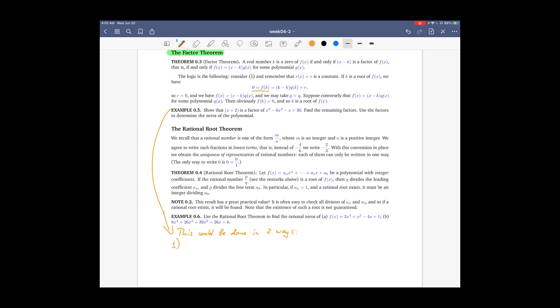One way would be to directly divide this cubic polynomial by x plus 2 and verify that the remainder is 0.